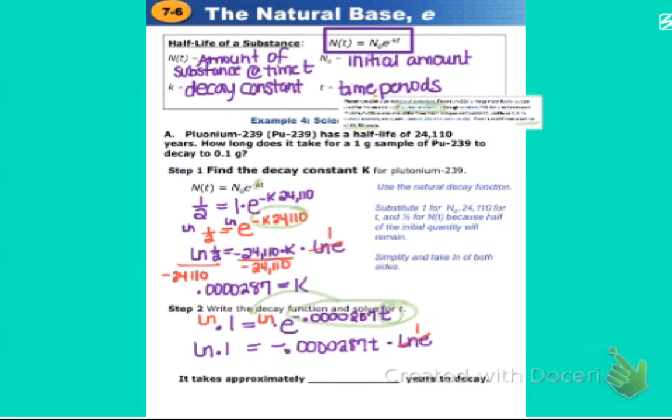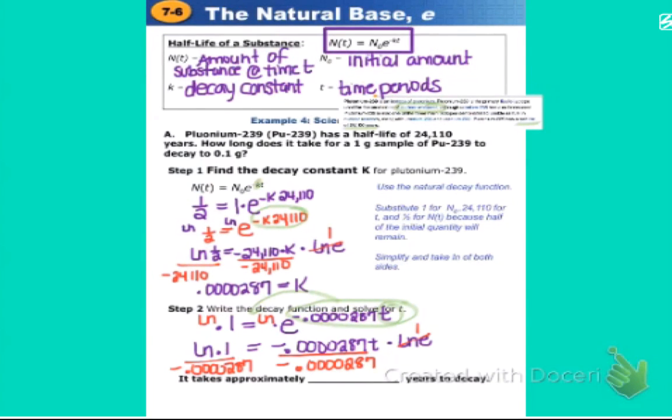Last step, to solve for t, I have to get rid of everything being multiplied by t, so I'm going to divide both sides by negative 0.0000287, and dividing the natural log of 0.1 by that number is going to give me the number of years it's going to take to get down to just this 1/10 of a gram.